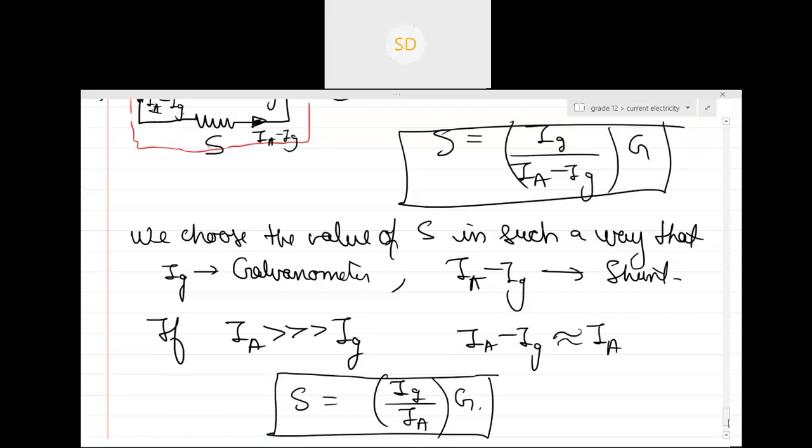Meaning the full scale deflection value will be greater, you mean to say? Yes. Okay, how will you do that? Again, connect a low resistance shunt in parallel with the ammeter. Even lower than before? Yes, even lower than that. Shunt should be low resistance. S should be less than G.